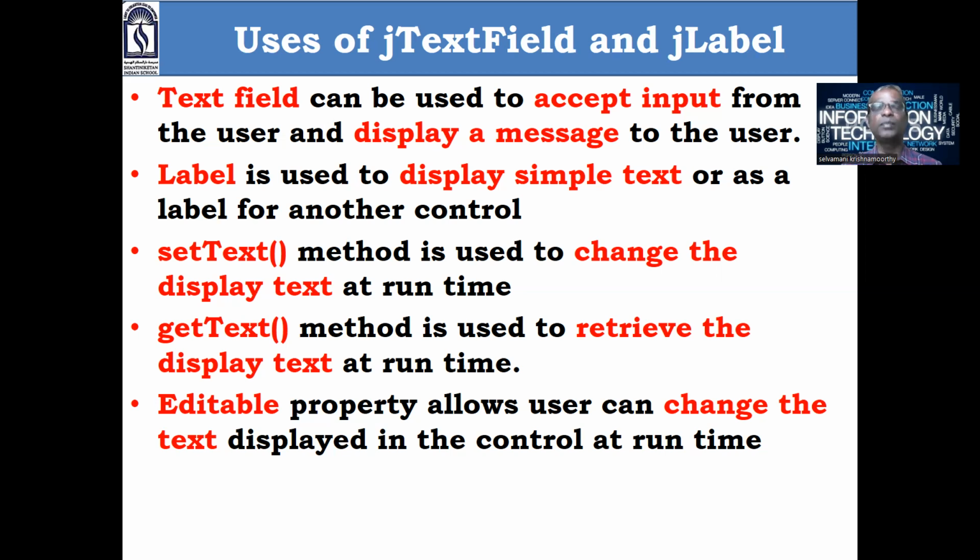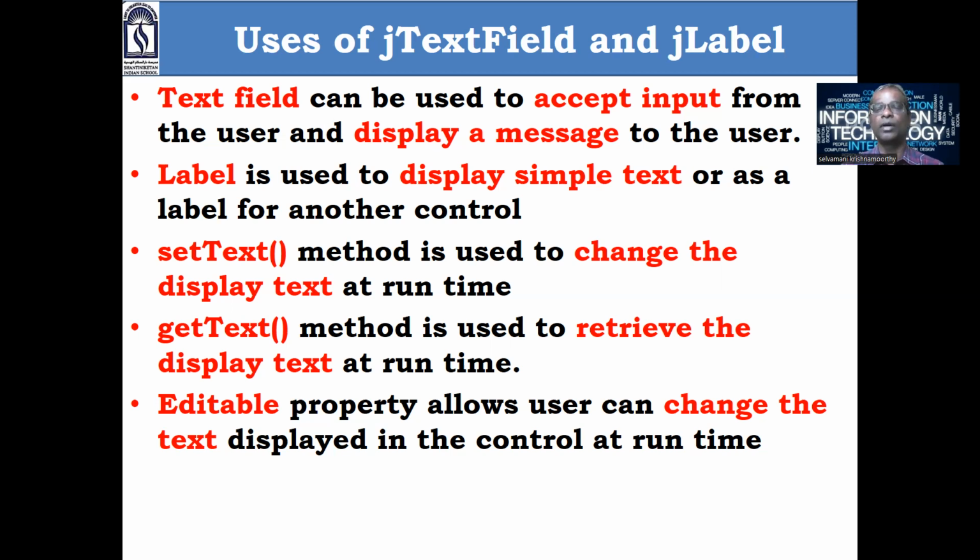Next one is the editable property. It allows the user to change the text displayed in the control at runtime. So editable is a property. If it is set to true, you can change the text at runtime. If the editable property is set to false, you cannot change the text in the control at runtime.